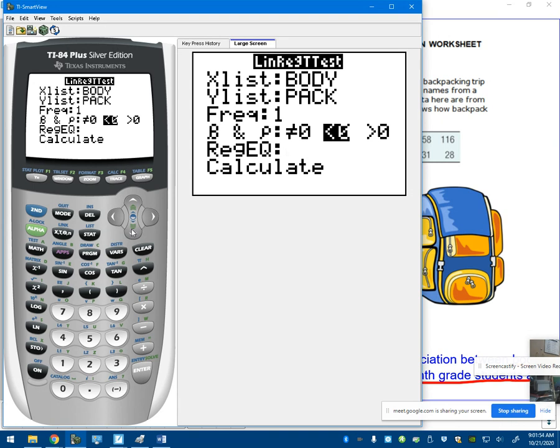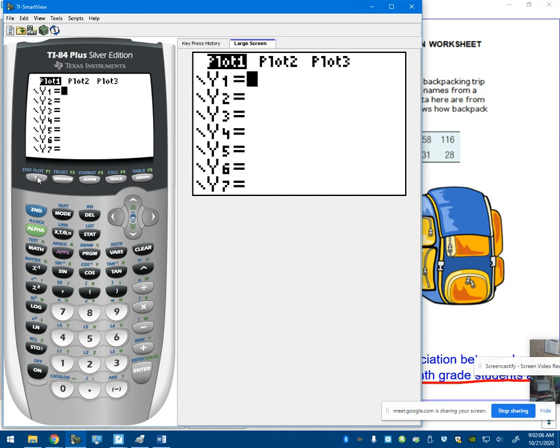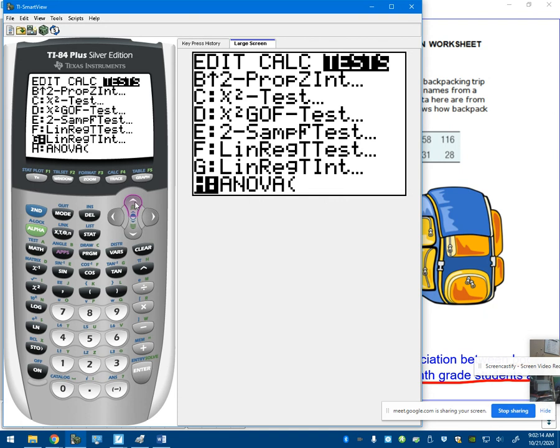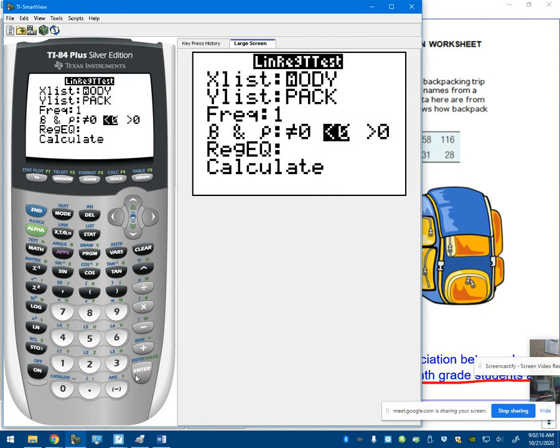We want the calculator to calculate this equation and stick it on the graph for us. So that's what this is for. And we want it to plot it on Y1, which when I hit Y1 here, you don't have to do that. The RegEQ, the calculator's going to copy it right in there for me. So this is how this is done. To get the RegEQ here, and we already looked at this a little bit, we want a variable.